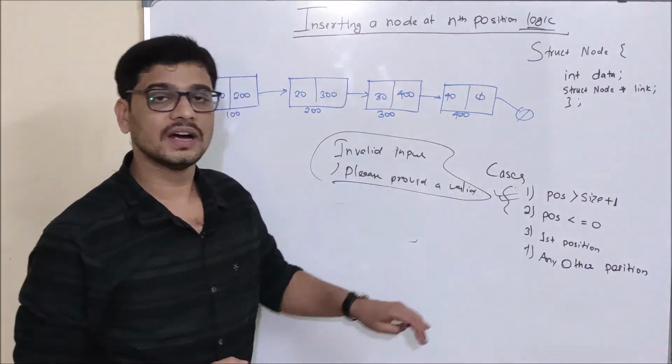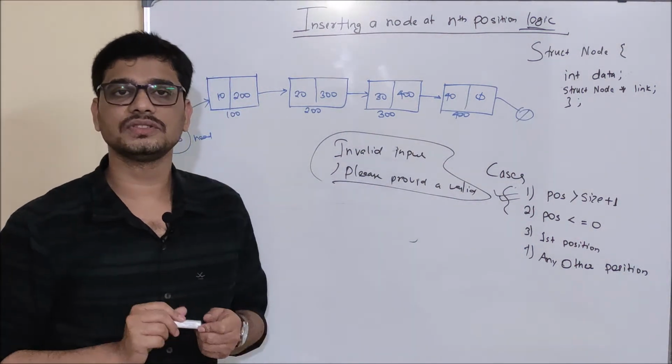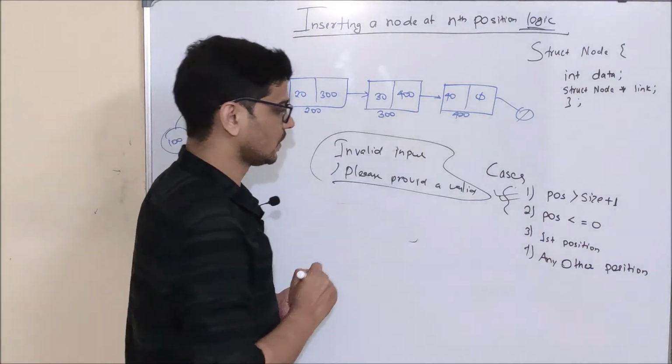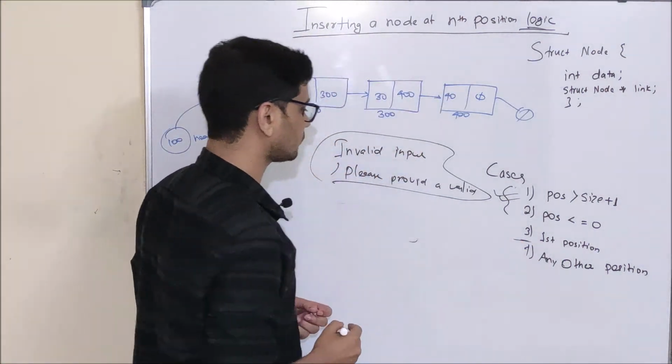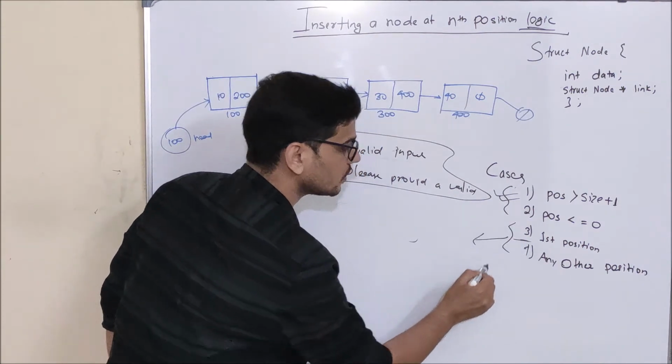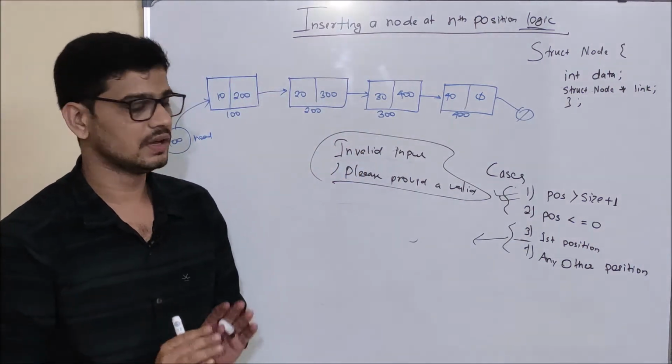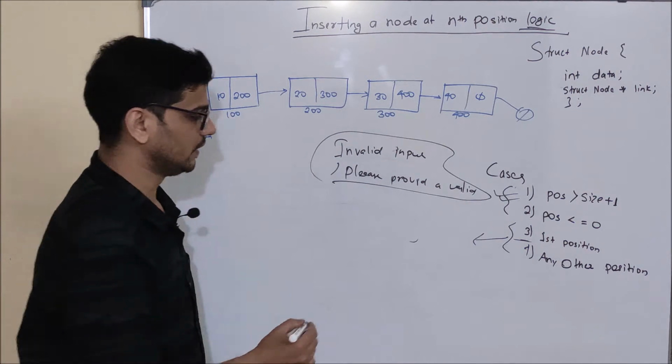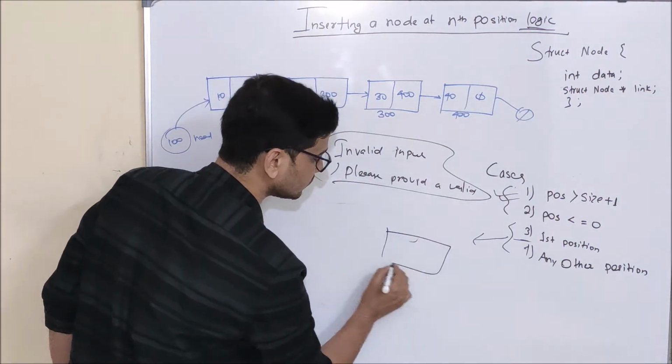Now let's come to the third case, that is when we want to insert a node at the first position. How can we do it? Basically, in these cases we are inserting a node, so our first task will be to create a node.